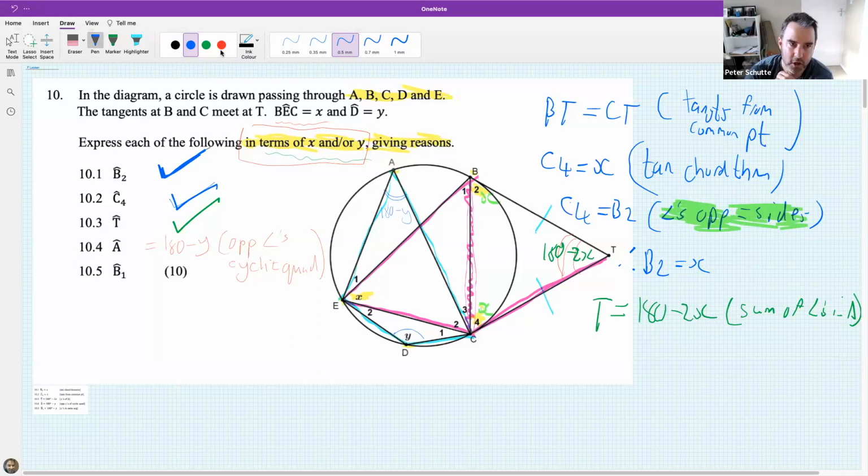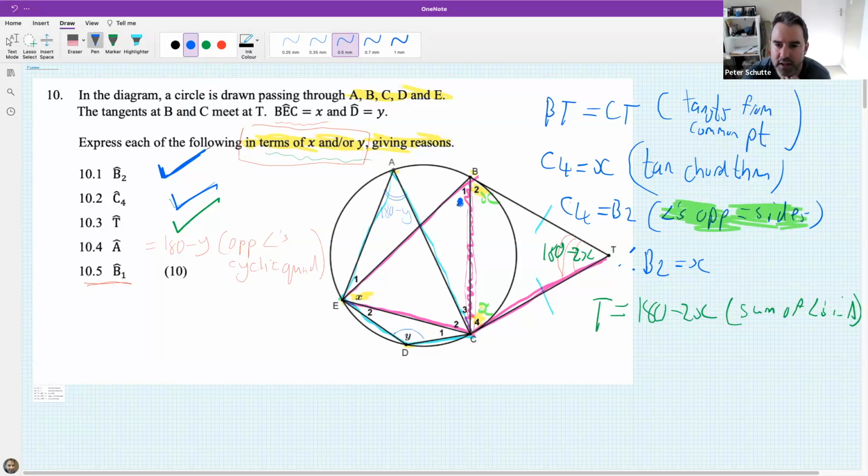All right, now the last one in this question, what is B1? What is B1 going to be in terms of X or Y? Where is B1? B1 is up here.